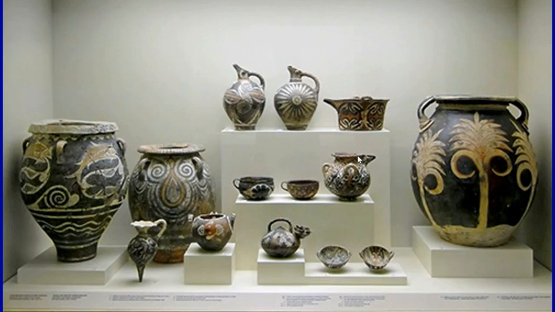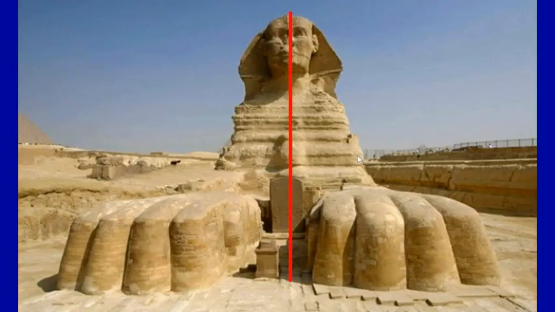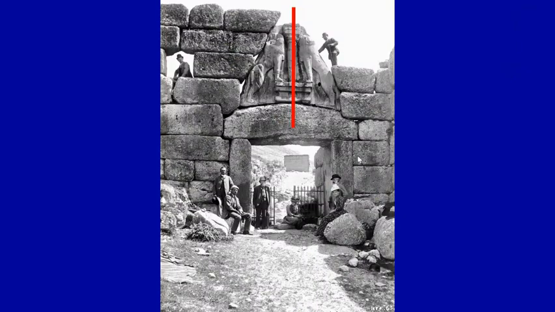I think the reason we see this in cultures that are not even closely in contact with each other is that symmetry is such an easy balance to create. We see it all over in the first semester.